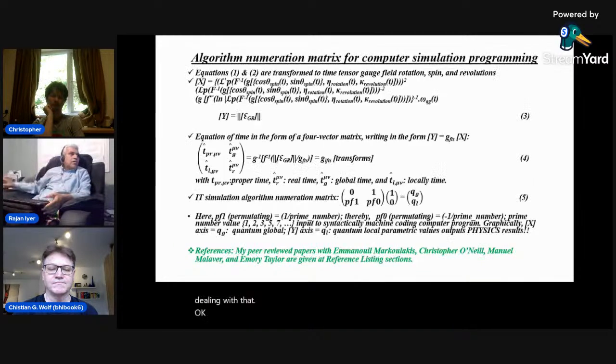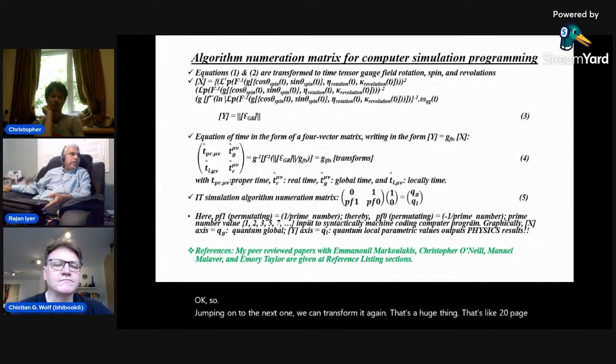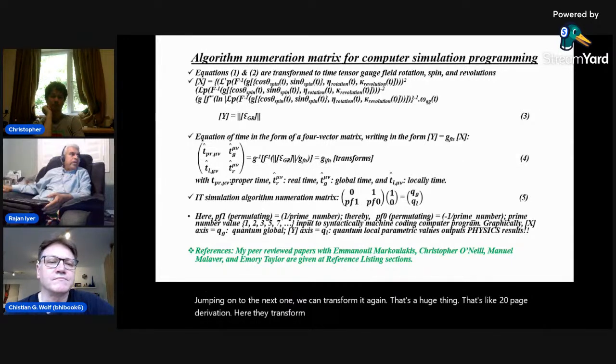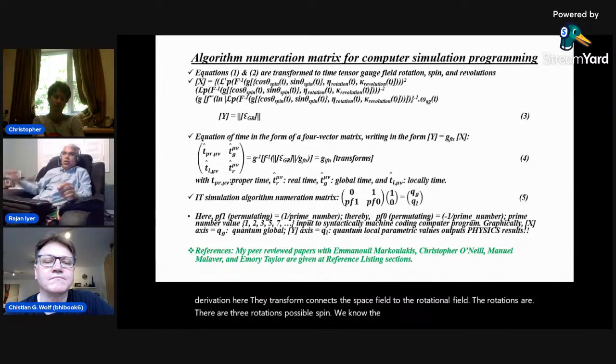Okay, jumping on to the next one, we can transform it. Again, that's a huge thing, like a 20-page derivation. The transform connects the space field to the rotational field. There are three rotations possible: spin, which we know, the rotation of the whole thing, and also revolution.